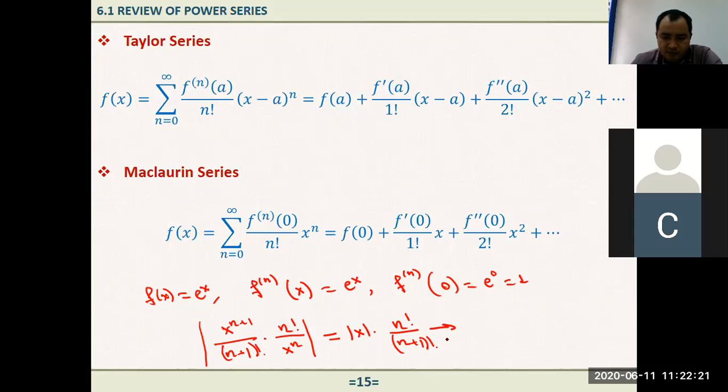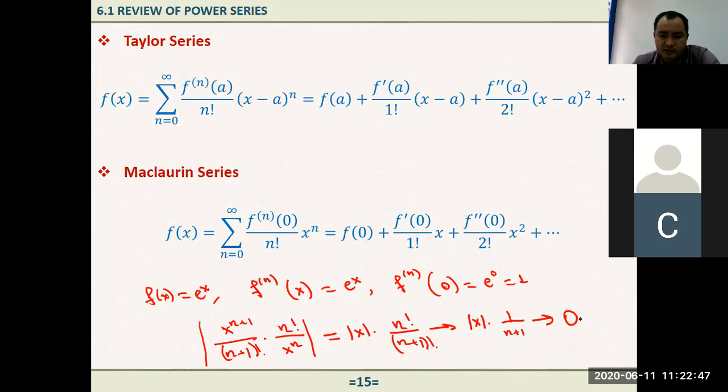We know that n plus 1 factorial is n factorial times n plus 1. So here we have the absolute value of x times 1 over n plus 1. When n goes to positive infinity, this will approach 0 for every value of x, because x is a constant and n plus 1 is going to positive infinity.